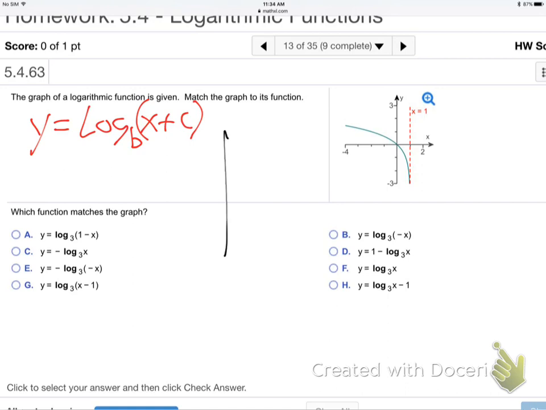Okay, what is the general look of that? Well, the plus c means a vertical asymptote line at negative c. Because remember, anything that's in the little x world is always opposite. So plus c means negative c.